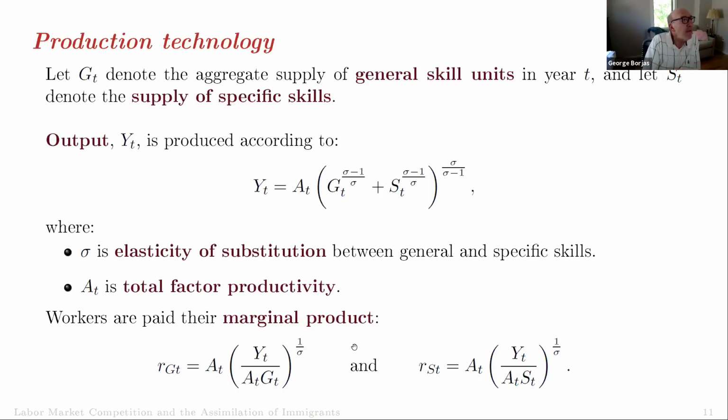But that's a little different than a period effect that is just because of the macroeconomy. So this is exactly what our mechanism is about. If there is a Mariel, and then somehow this is absorbed in the economy, what it means in our model is that this Mariel is initially pushing up a lot the relative wages of general versus specific skills, because there are all these new workers that have lots of general skills compared to very few specific skills.